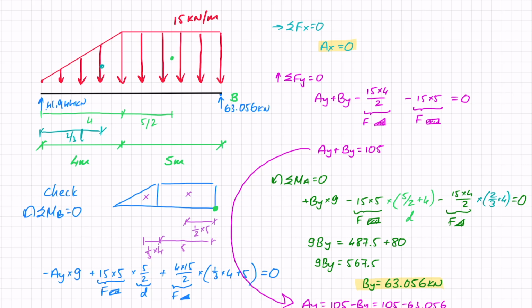We've got kilonewtons for both reaction forces, and also we can see that the reaction force at B is slightly bigger than the one at A. And that makes sense because more of the load is distributed closer to B. So we've done a sense check, done an actual check with the moments around B, and also checked our units, which means that we have solved this correctly.